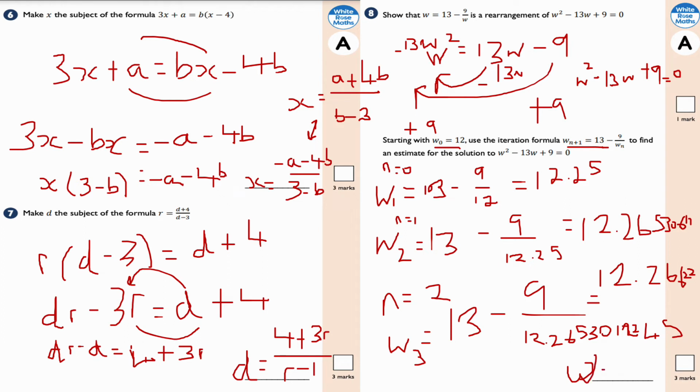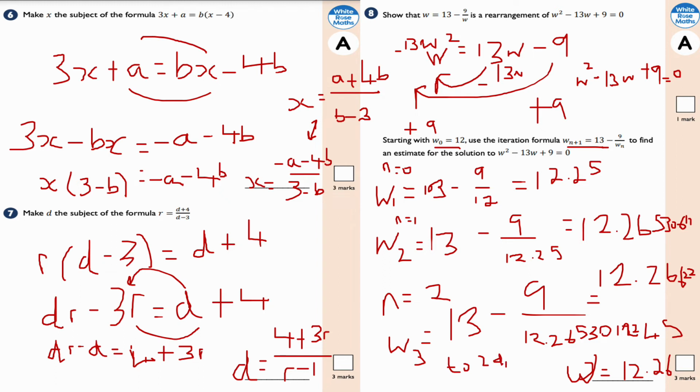So W is equal to 12.26, because if I keep going further and further, it's going to get closer and closer to 12.26 to 2 decimal places, because it's going to bounce around 12.26 if you truncate the third decimal place.